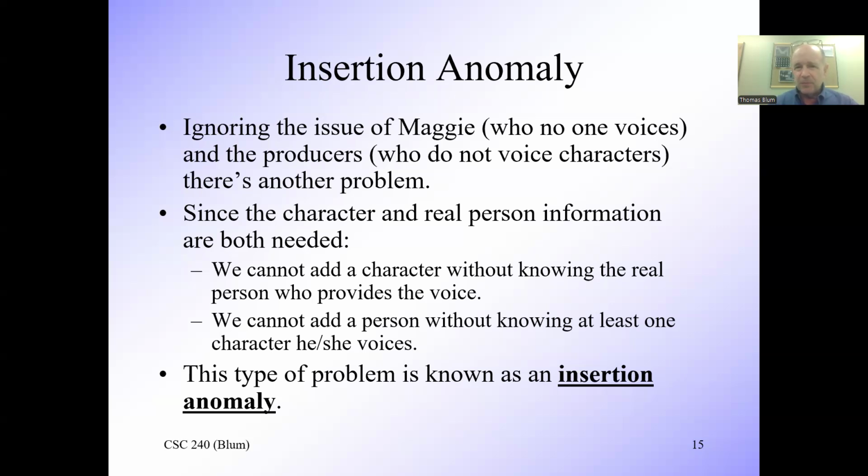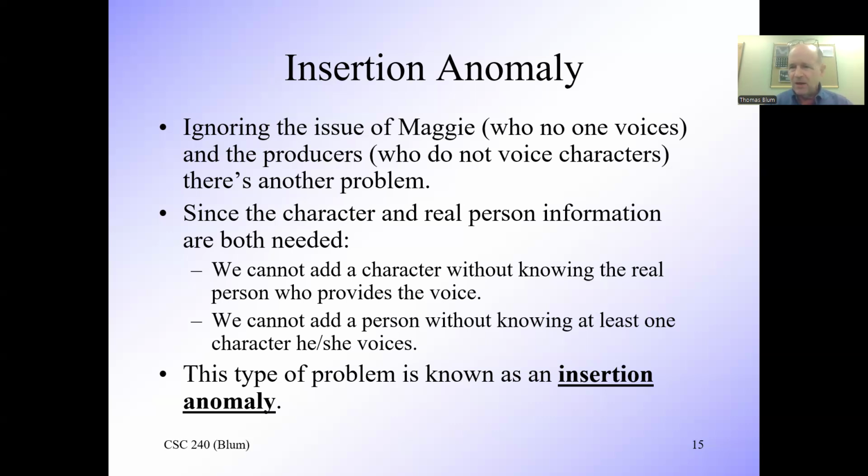And one issue with this is the anomaly problem. So we're thinking eventually we have characters and we have people, and if we try to bring in a person that doesn't voice a character, that's going to cause a problem at this stage. And if we try to bring in a character that is not voiced, that can be a problem.